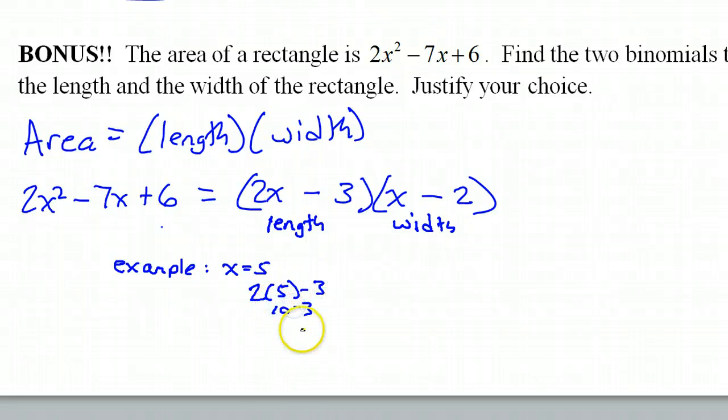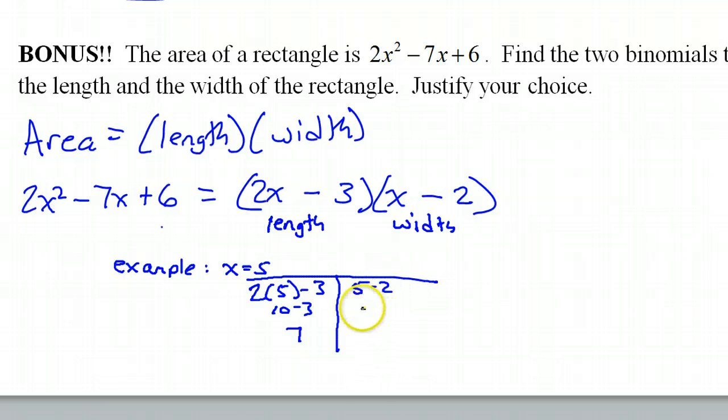So that's 10 minus 3, which is 7. And then if I look at the x minus 2 expression, that's 5 minus 2, which is just 3. So this would, of course, be the length, and this would be the width. Okay, so the 2x minus 3 is always bigger, so length, width.